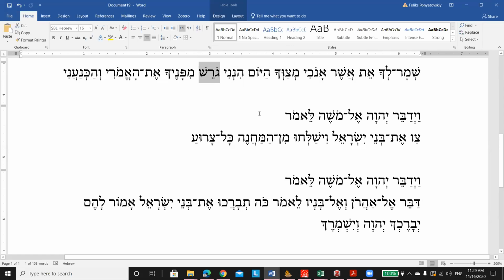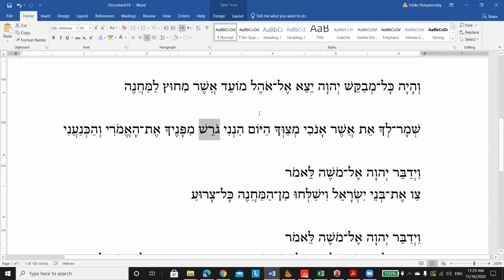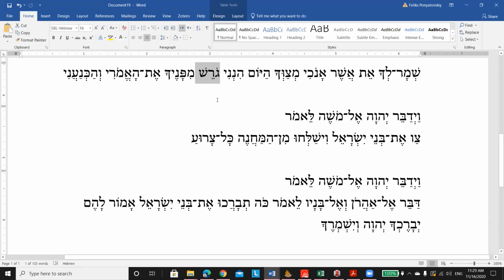Goresh. So we already met this word here. It means to drive out. Okay, but do you see what it is? I will drive out, but what is the form? It's an active participle.